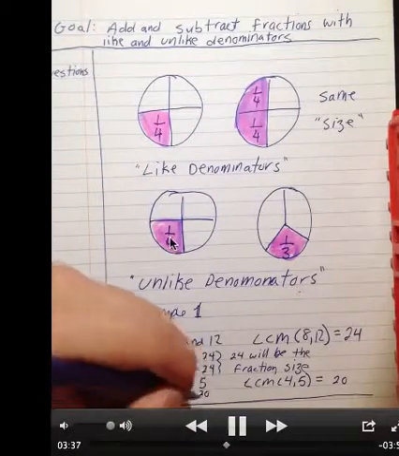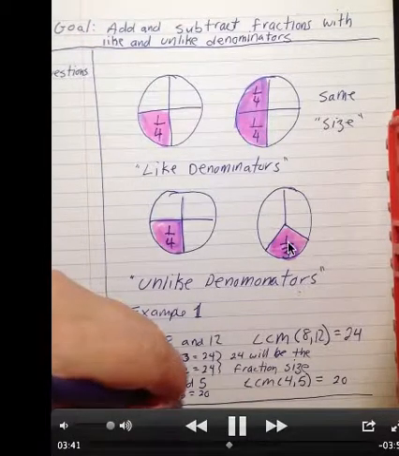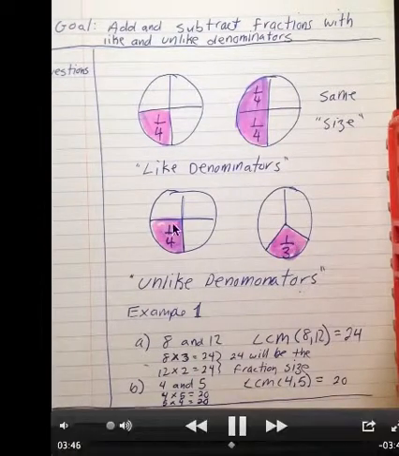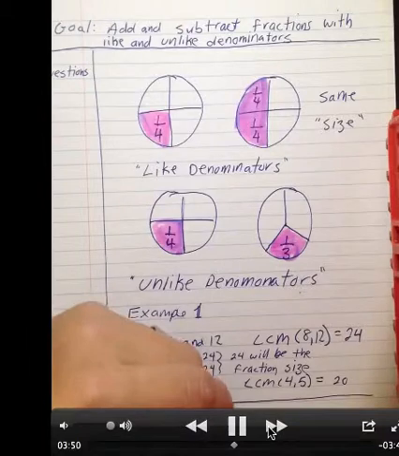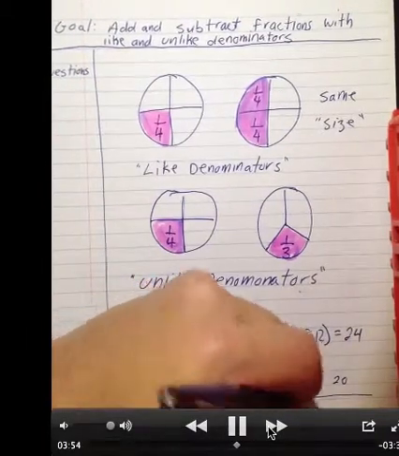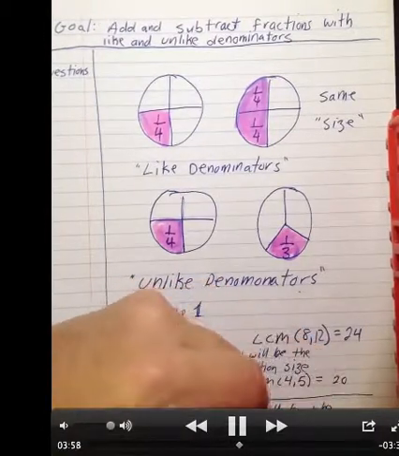Because right now we can't add this one to this one because they're different sizes. So it turns out the least common multiple of 4 and 5 is 20. So we would cut each of the wholes into 20. The 20 would be the fraction size.